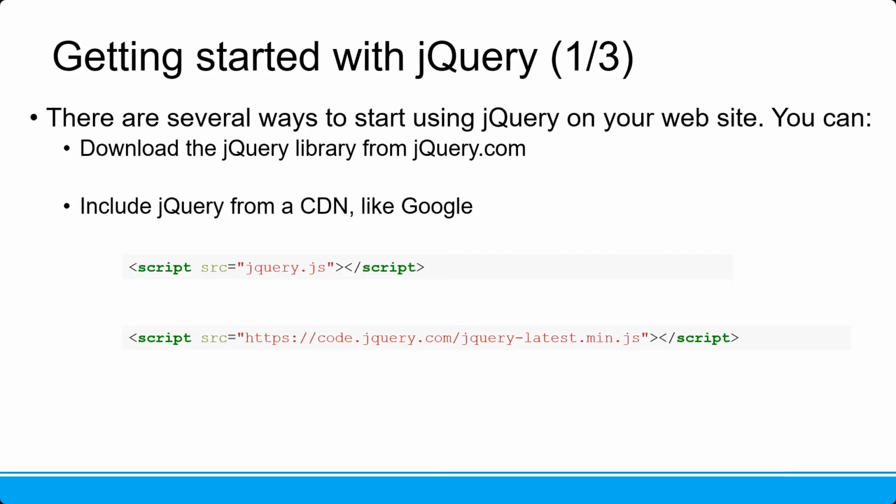So there are several ways to start using jQuery on your website. jQuery is similar to how you use Bootstrap. When you use Bootstrap, you need to access the JavaScript in Bootstrap. So jQuery is also the same. You need to access the link for jQuery.